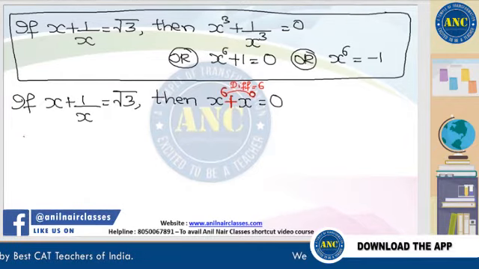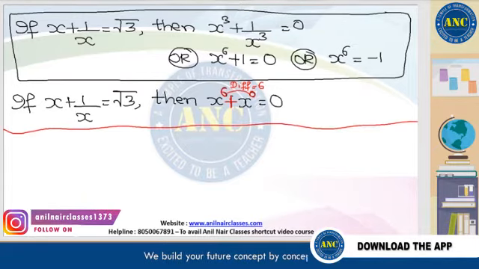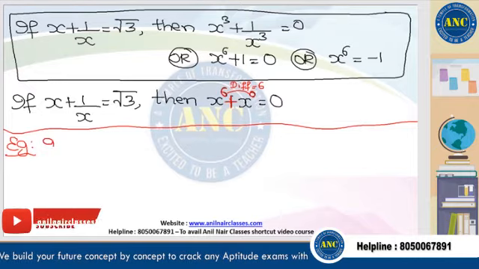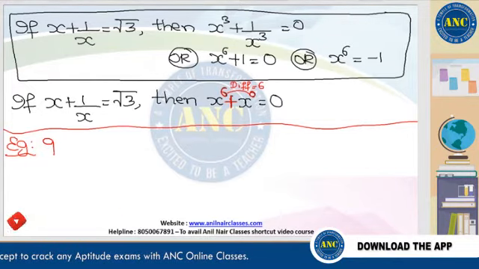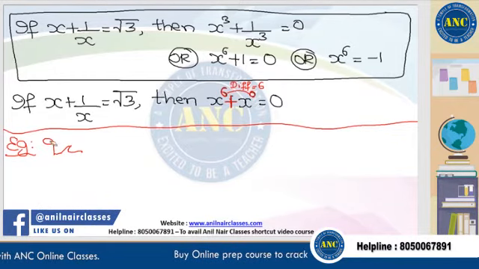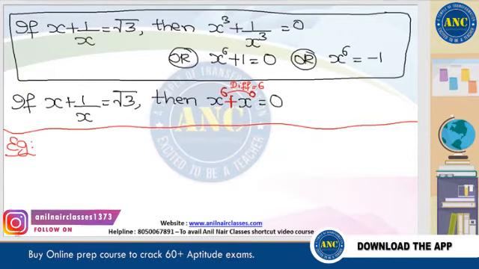I hope the idea is clear. Suppose, for example, assume that in your question they are saying that if x plus 1 by x is equal to root 3, that is the question that is given. Just a minute, sir. Let me write it.